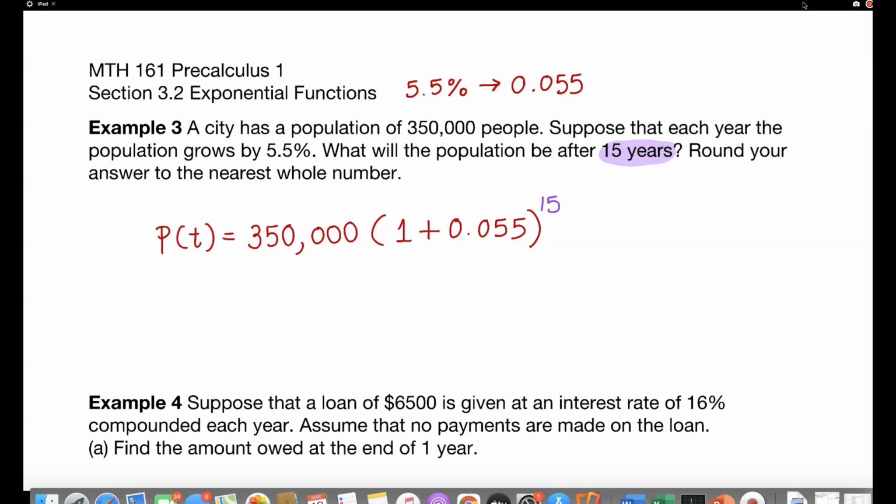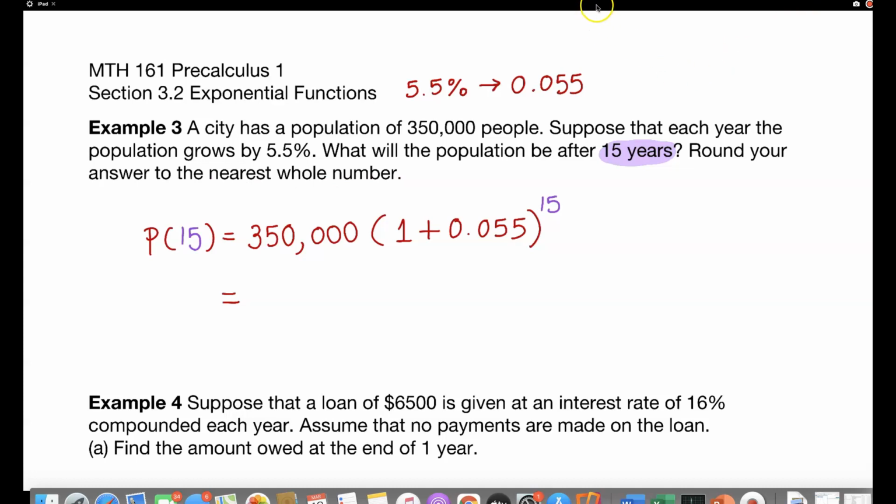Instead, I actually found P of 15. So I'm going to go ahead and change this to P of 15. And all I need to do is evaluate this. And since we are talking about the number of people, it makes perfect sense to round to the nearest whole number instead of saying a decimal of a person, right?